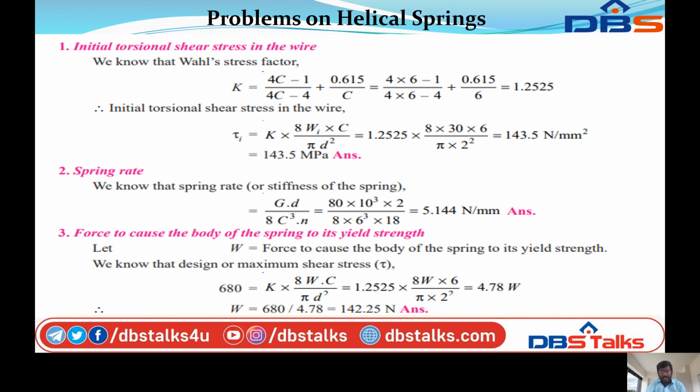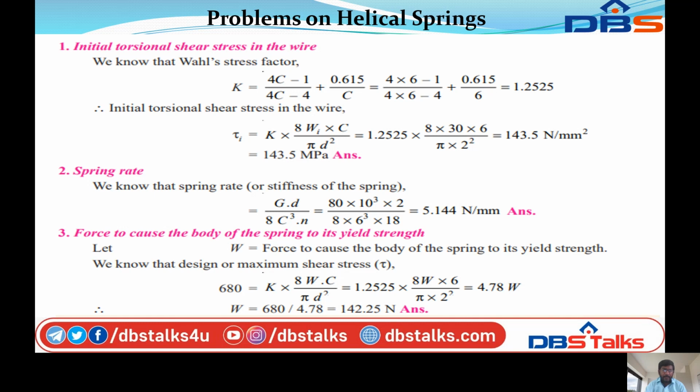So last we can calculate the force to cause the body of the spring to reach its yield strength. So let W be equal to the force to cause the body of the spring to reach its yield strength. So we know that the design or maximum shear stress tau is equal to 680, equal to K into 8 into W into C by pi into d square.